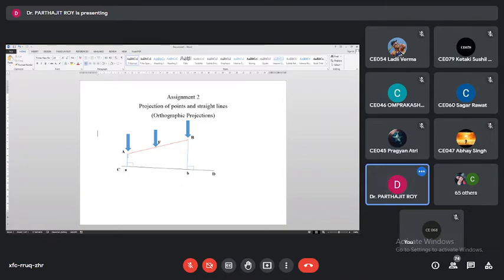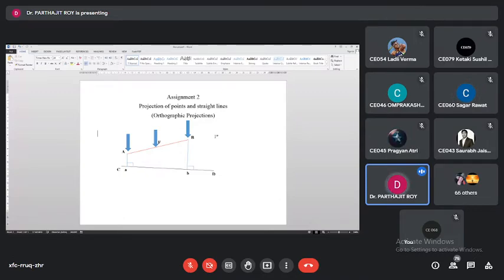Get it right? Yes, sir. For any straight line, if I can find the projection of two endpoints and then join these two endpoints' projections, I get the projection of the entire straight line. Am I clear? Yes, sir.